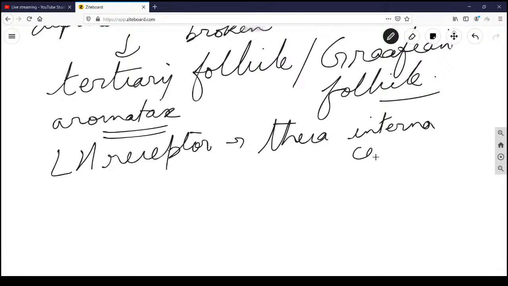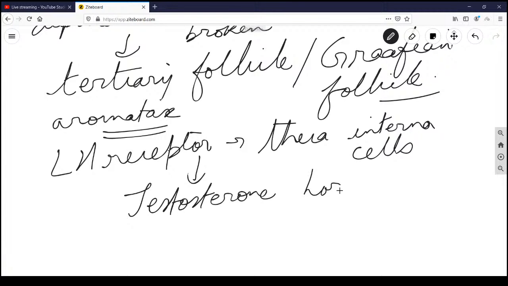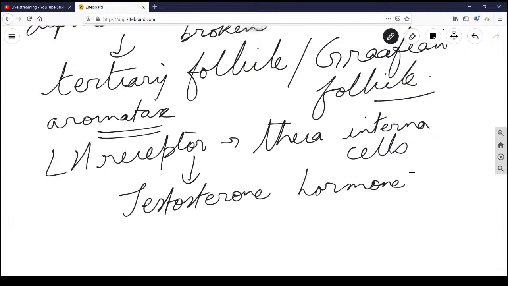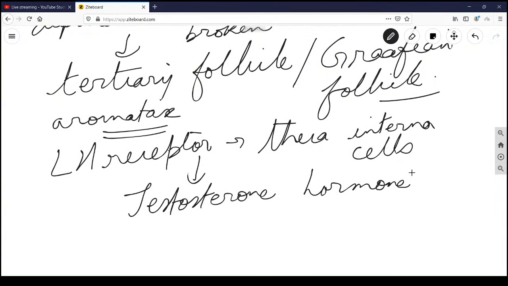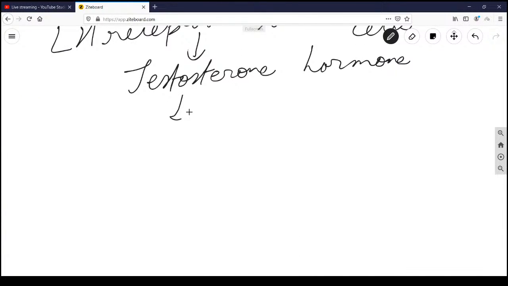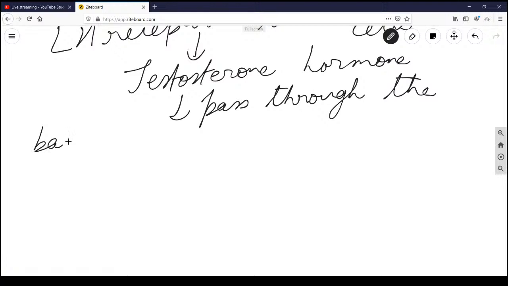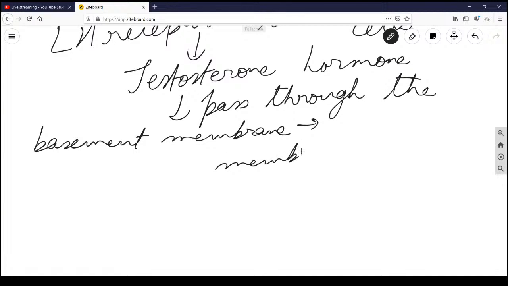You can write a flowchart. Then theca interna cells will do what? They will secrete testosterone hormone. Next, testosterone will pass through the basement membrane known as membrana granulosa.